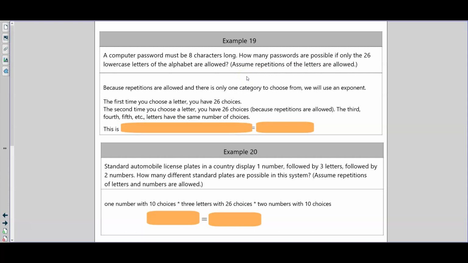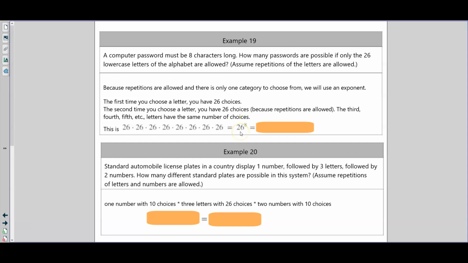So the way I would set this up is, if you know there are 8 characters long, put down 8 little lines here, and in each placement you have 26 choices. So it kind of looks like this, where you have 26, 26, 26, 8 times. Or if you think about it, it's really just 26 to the 8th power.